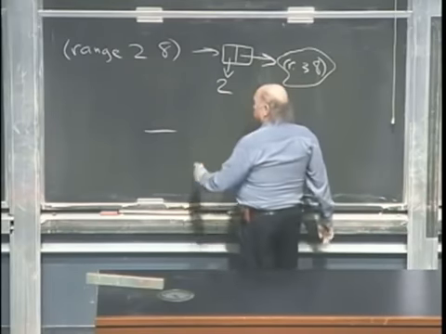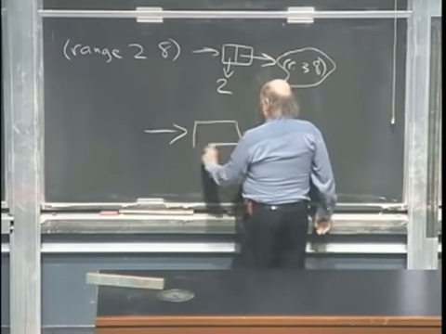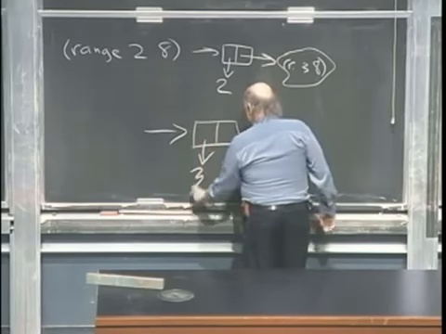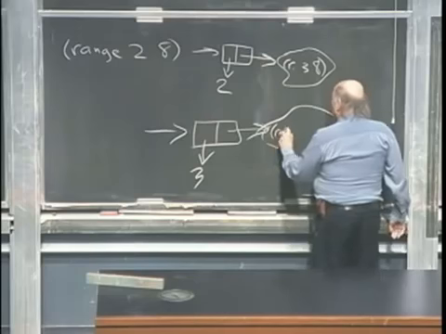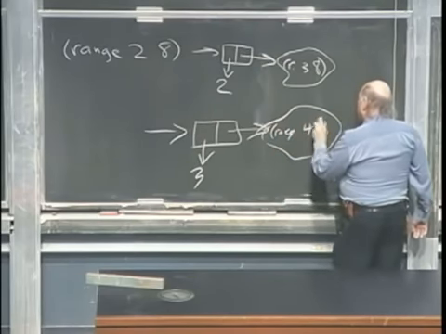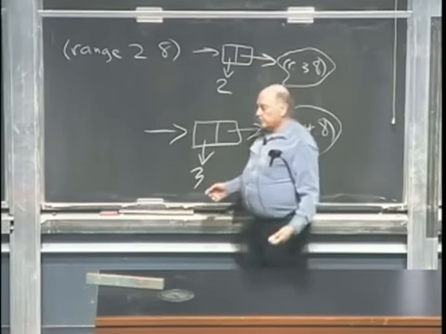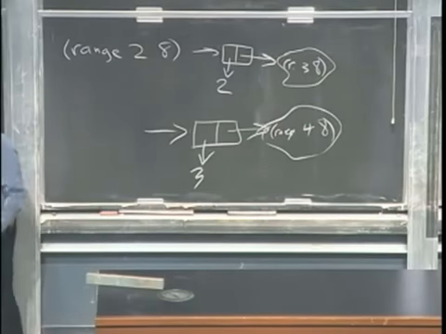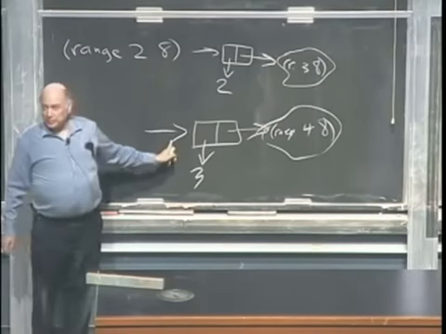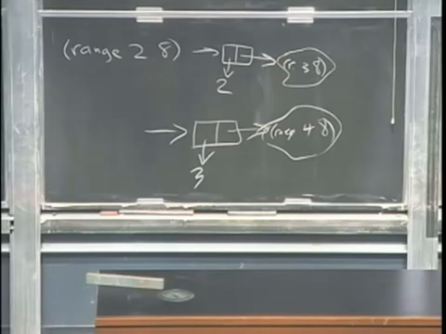We take the range from 3 to 8, and that is 3 followed by a promise to do range from 4 to 8. Stream filter says, is 3 a factor of 9? Aha, yes it is. So this is what stream filter returns. Does that answer the question? Okay, good. We only barely have time to get to the crucial next step.